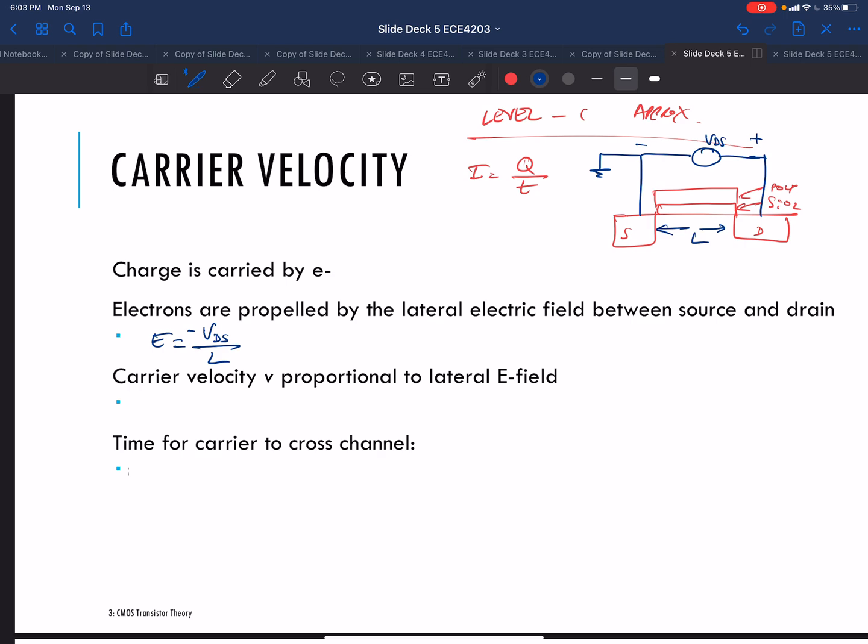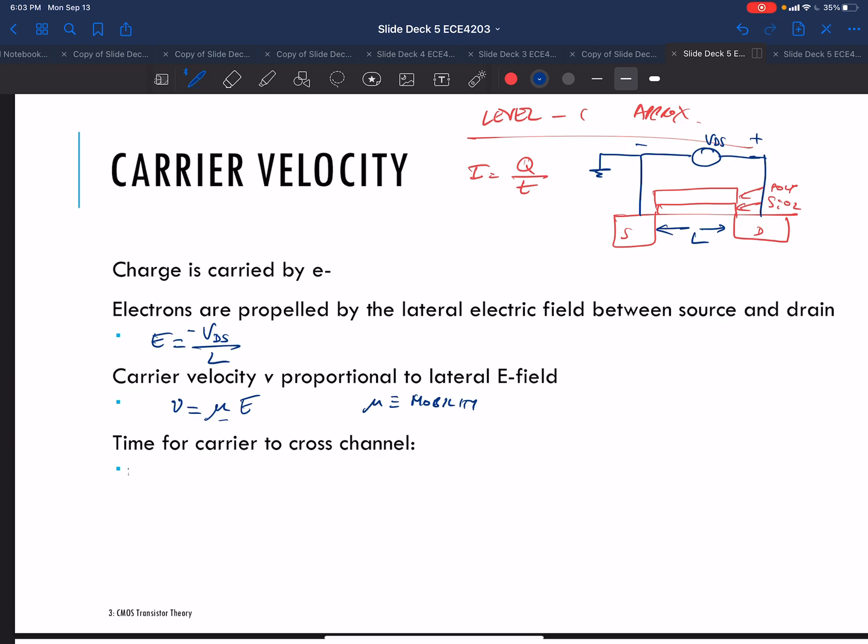Okay, this is just the definition of an electric field, which is the potential voltage across two points divided by the length between those two points. Now we have a separate thing. We have a velocity of electrons in a semiconductor, and it's related to the electric field with a parameter called mobility times the electric field. So mu is the mobility.